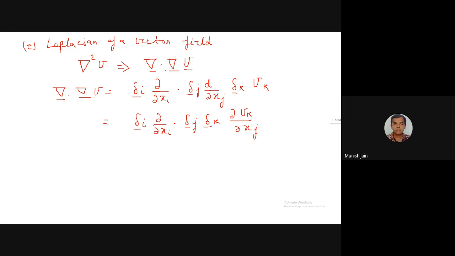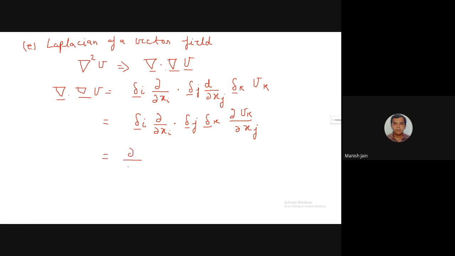Here you have to do the dot operation, so the dot operation will only be done between the two unit vectors which are near to each other. So i and j are near to each other. You cannot do the dot operation between i and k. Now you have to do the dot operation between the i and j, and the magnitude will be multiplied.